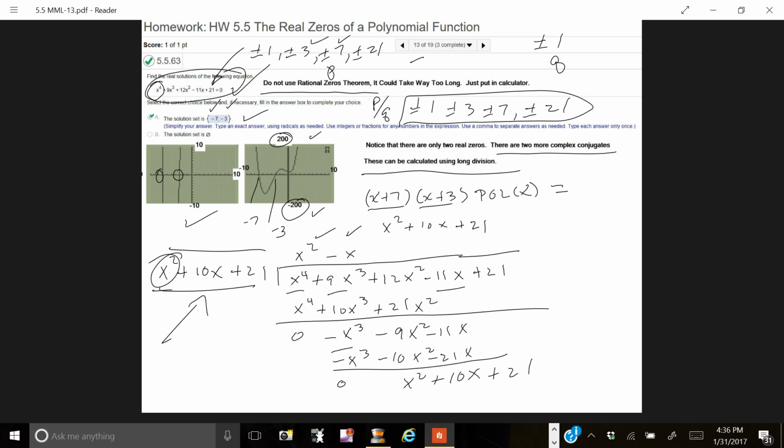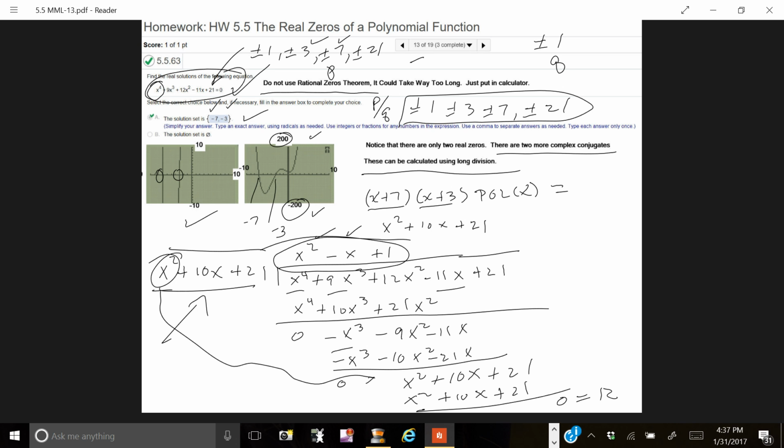And we'll see that it does. X squared goes into x squared one time. Multiply, we get x squared plus 10x plus 21. And subtract, and we get 0 remainder. And so the remaining factor is x squared minus x plus 1.